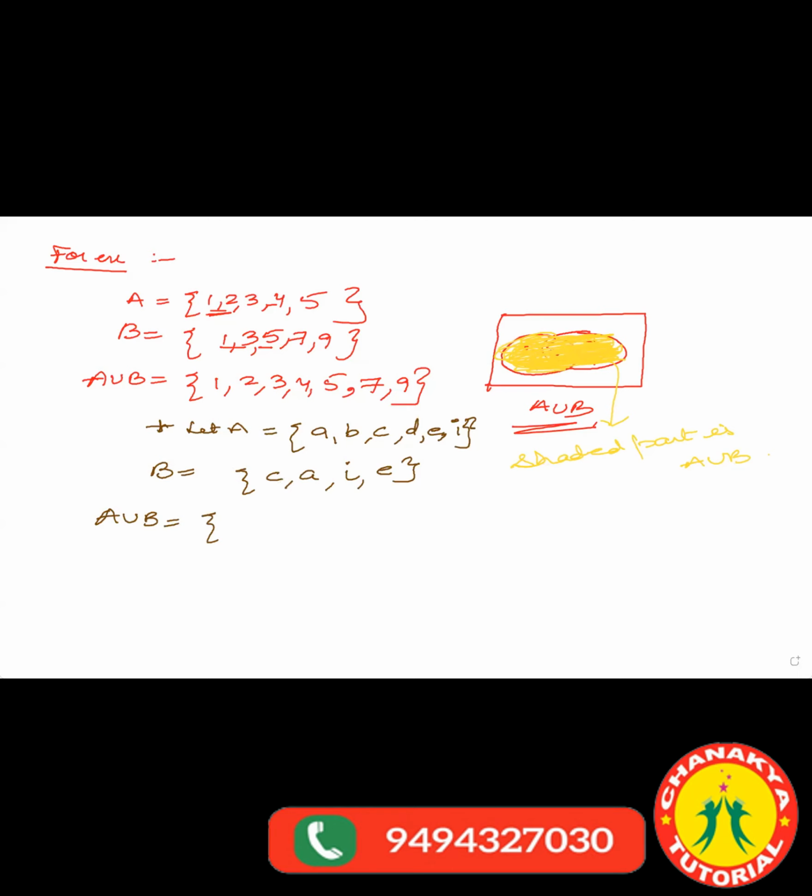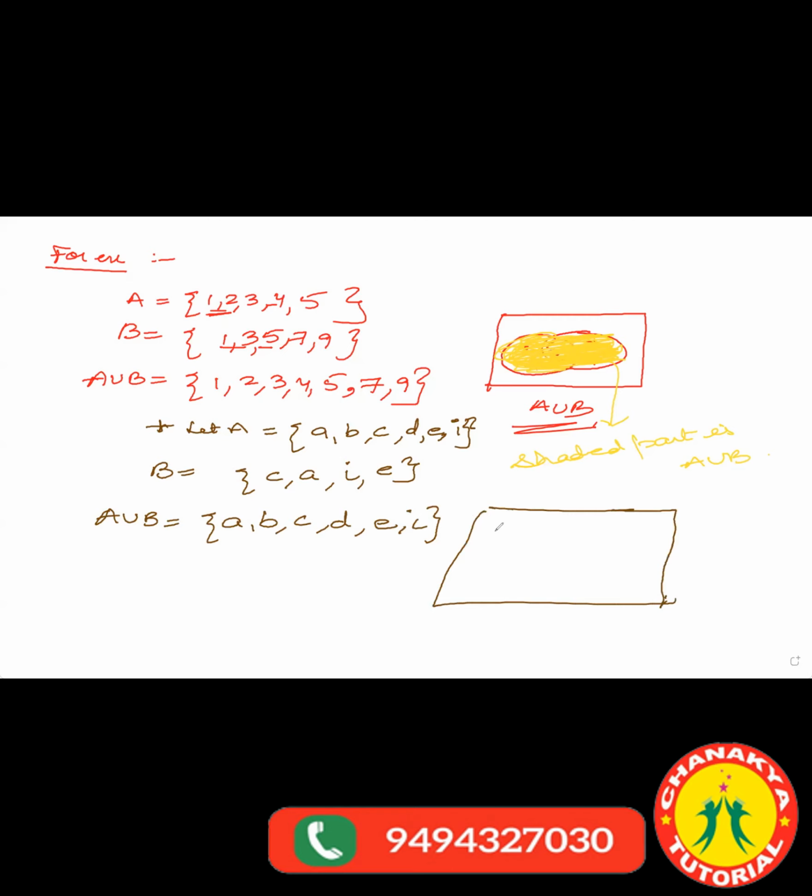A, B, C, D, E, I. Right? So children, see in Venn diagram how we will show this.